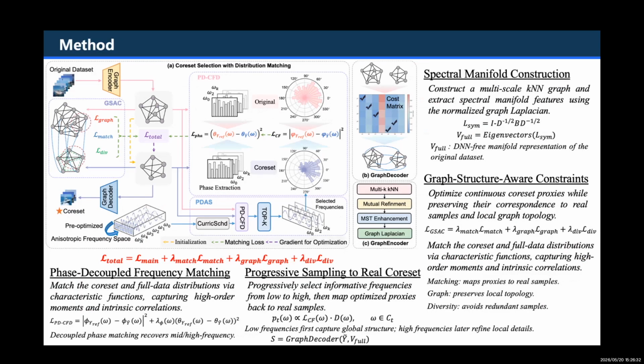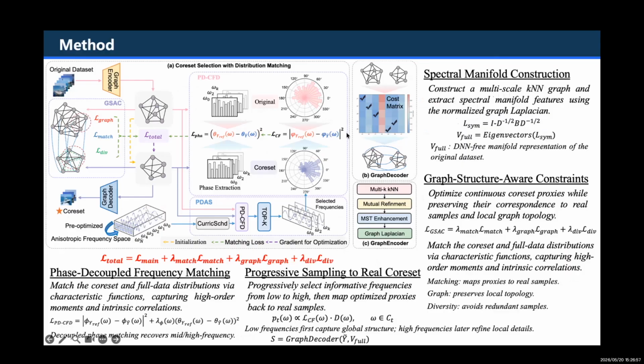Here is our method, and it's actually comprised of four main components. The first thing is the graph encoder, which is actually the spectral manifold construction. We construct a multi-scale KNN graph, and it extracts the spectral manifold features using the normalized graph Laplacian.